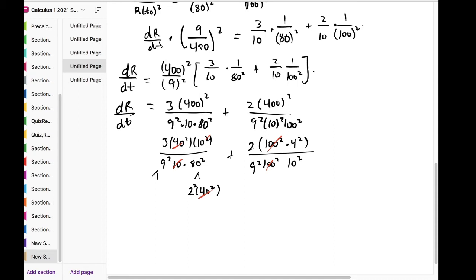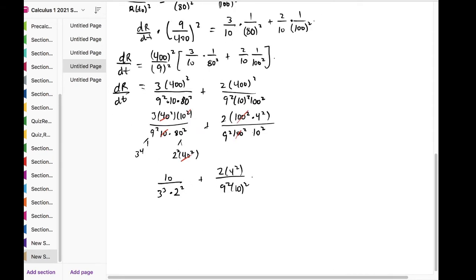And then this is 3 squared squared, or this is 3 to the 4th. So we can get 10 over 3 cubed times 2 squared. Anyway, I'm doing too much. Okay, anyway, so we did the calculus already, so this is just nonsense fractions.